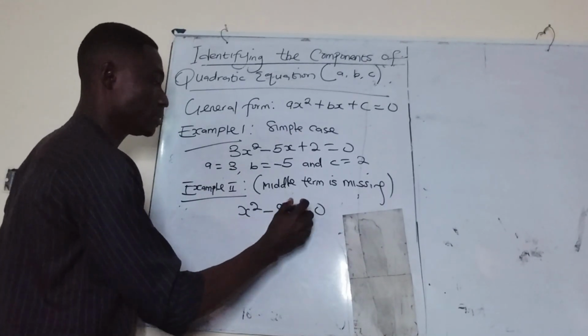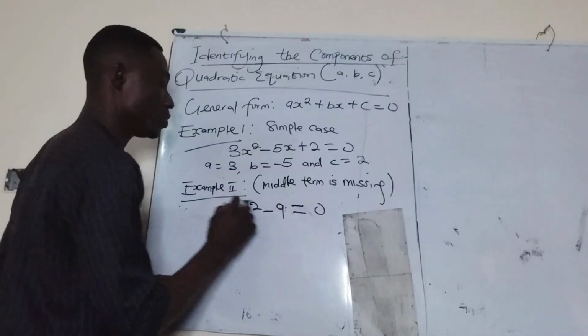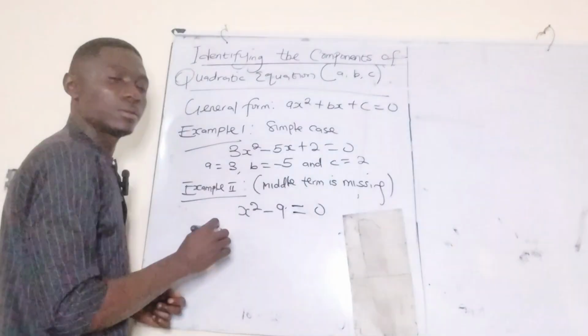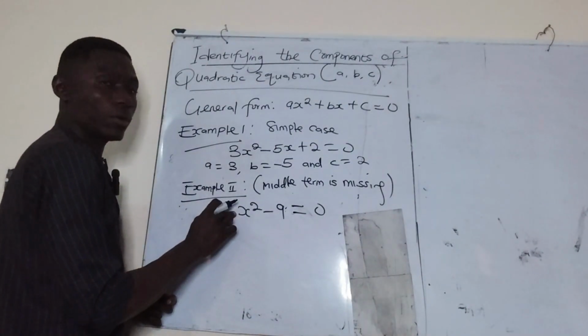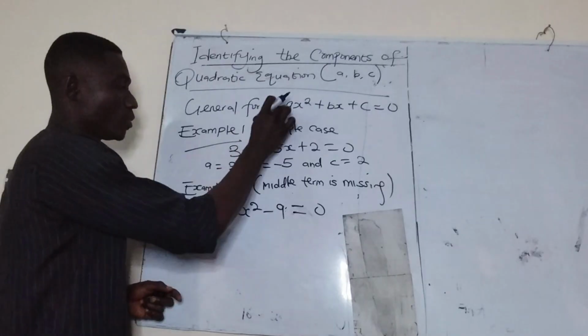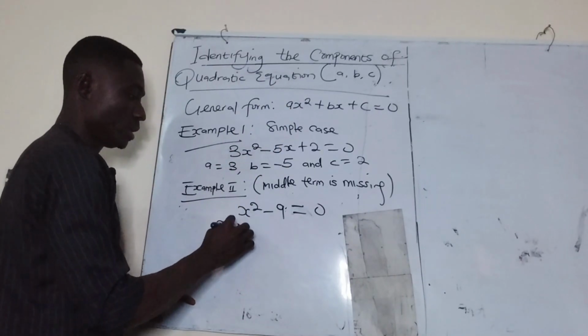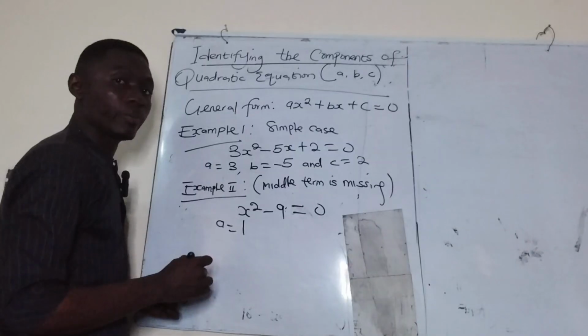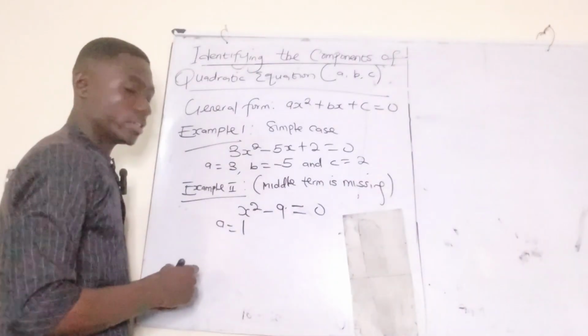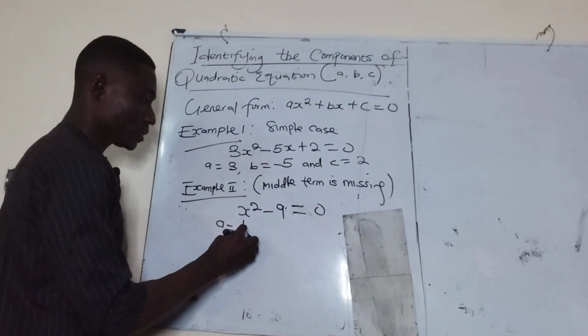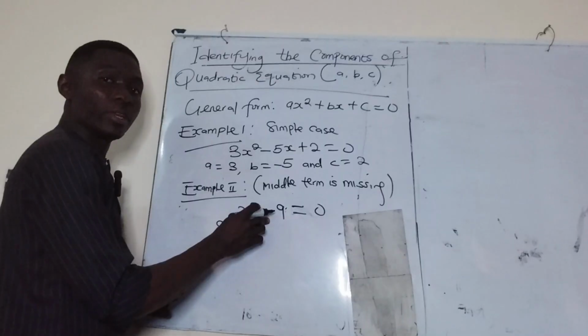Here you clearly see that the component called A, if you were to compare with this, since there is nothing here, is 1. Because 1 times any term will leave you with that term. So our A here is 1. Then how about our B component?